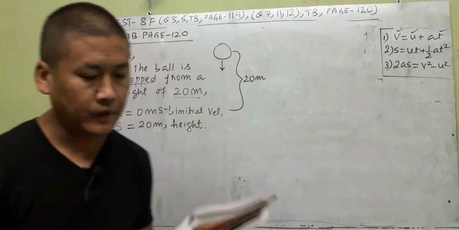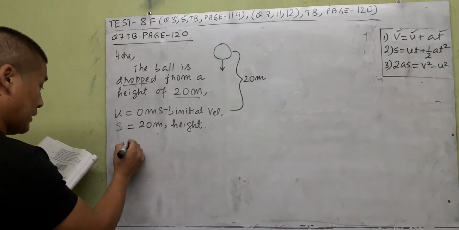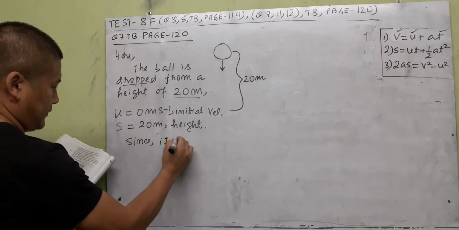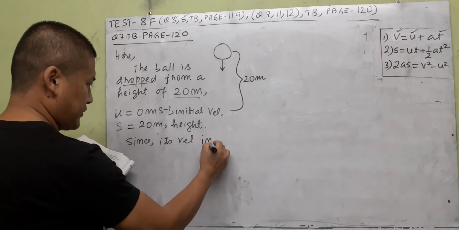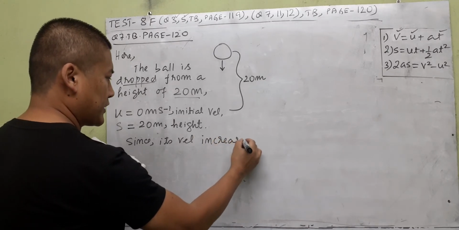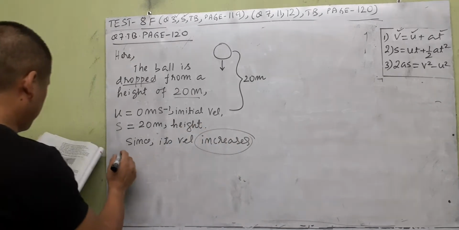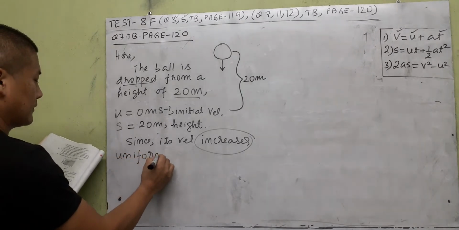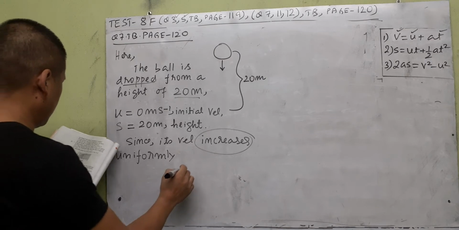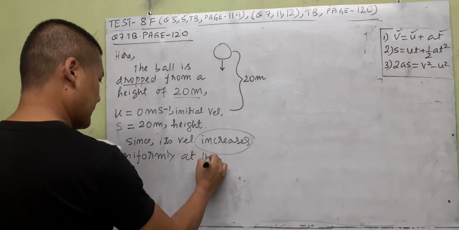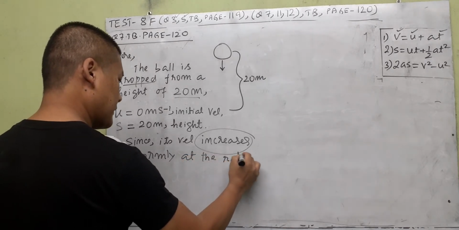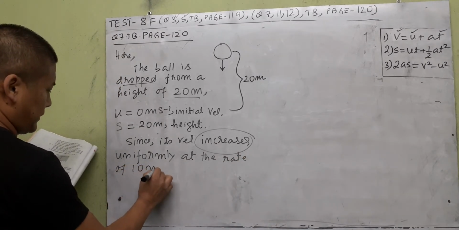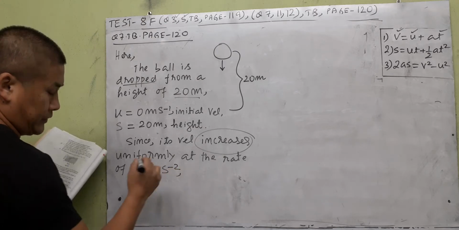It says, if its velocity increases uniformly at the rate of 10 meter per second square.